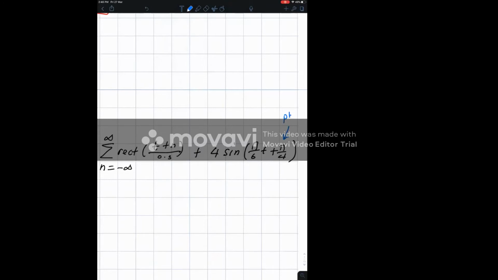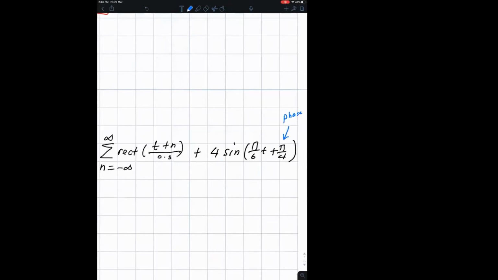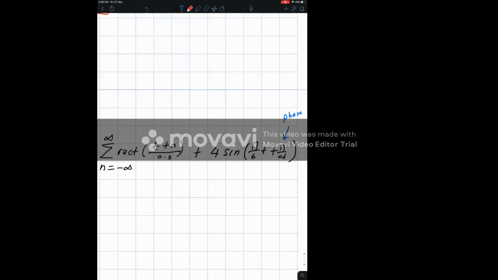This part here is the phase delay, I would say. Phase can be a phase delay, but I just call this phase for a while. In this part here, it's also phase, but then it's multiplied by frequency. Call this frequency 3.